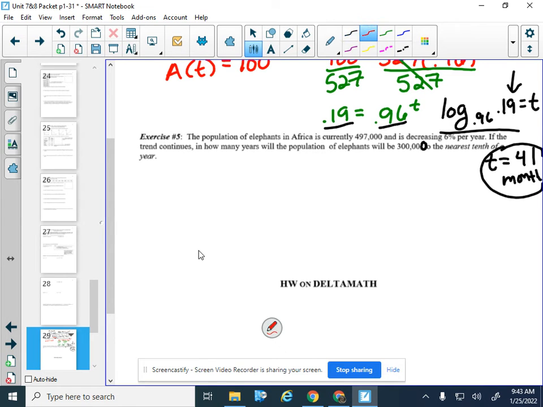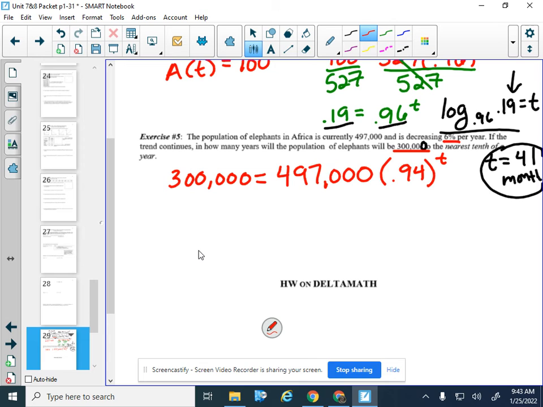So here, we're going to write out our function first. Our start value is 497,000. We are decreasing by 6%, so 100 minus 6%, or 1 minus 0.06 is 0.94. We're looking for the years, and we're trying to say, when does it reach 300,000?